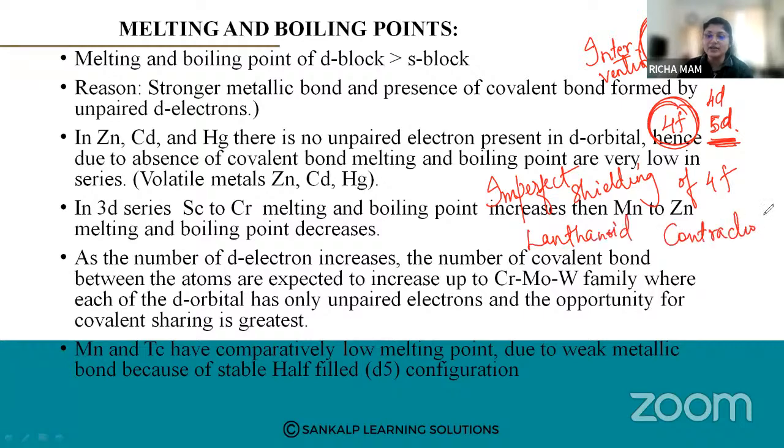So what do you mean by lanthanide contraction? Important. Mark this as important. What is lanthanide contraction? The intervention of 4f orbitals, that is the filling of 4f orbitals, results in decreasing atomic radius, and because of imperfect shielding of 4f electrons, this is called lanthanide contraction.